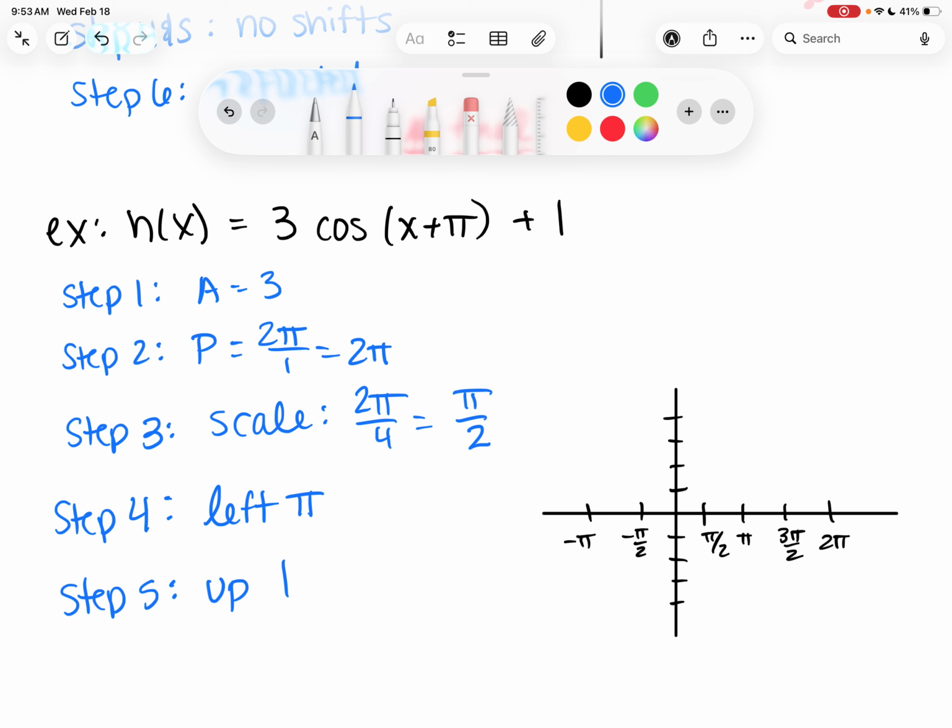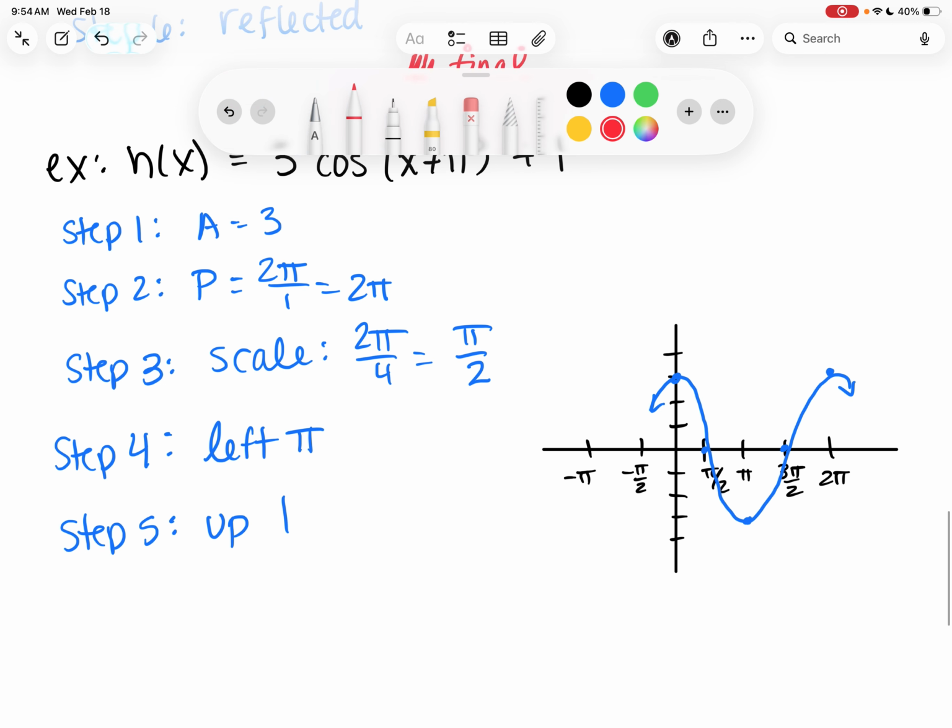Alright, so my initial graph is obviously just like what the parent function would look like. It's cosine. It starts at the amplitude, which is 3. So I'm up here, and then we come down to negative 3, back to 0, and then up to positive 3. So now, you can do this in individual steps, but I feel like you like to save some time, so I go ahead and translate both things at the same time. I'm going to start here. I'm going to do my points in order.